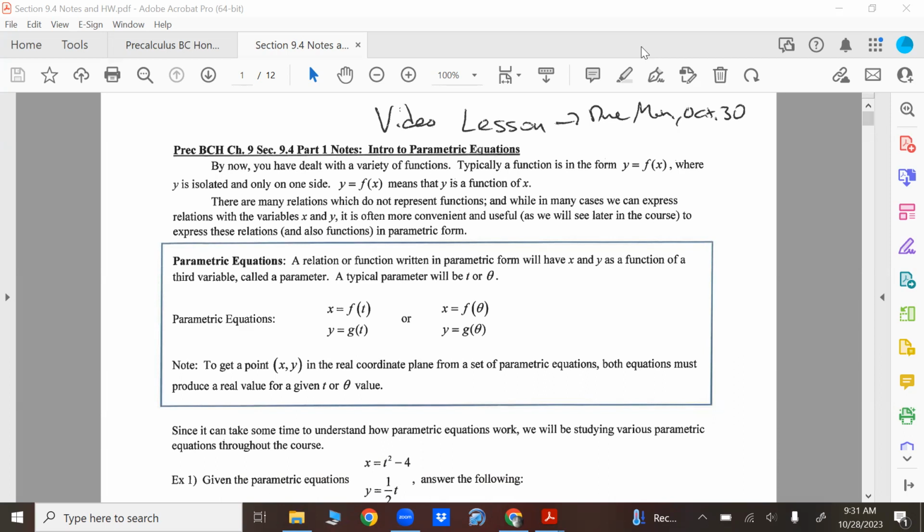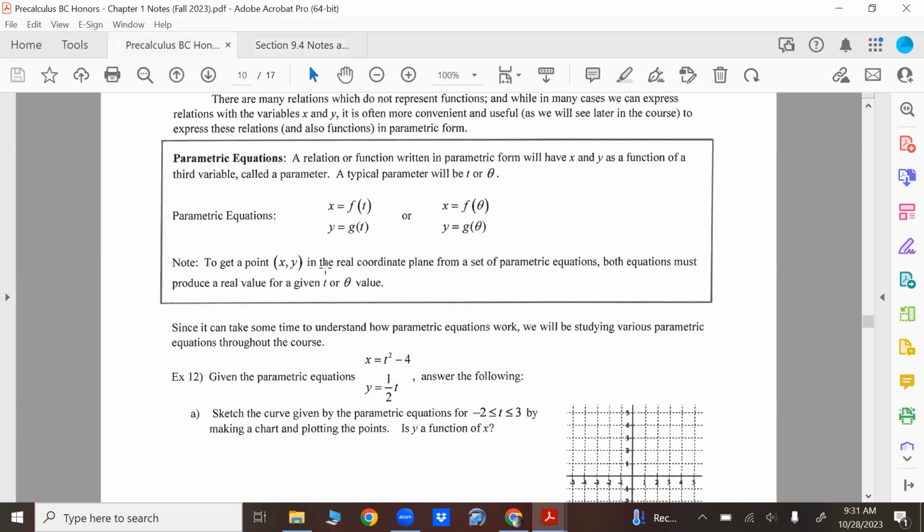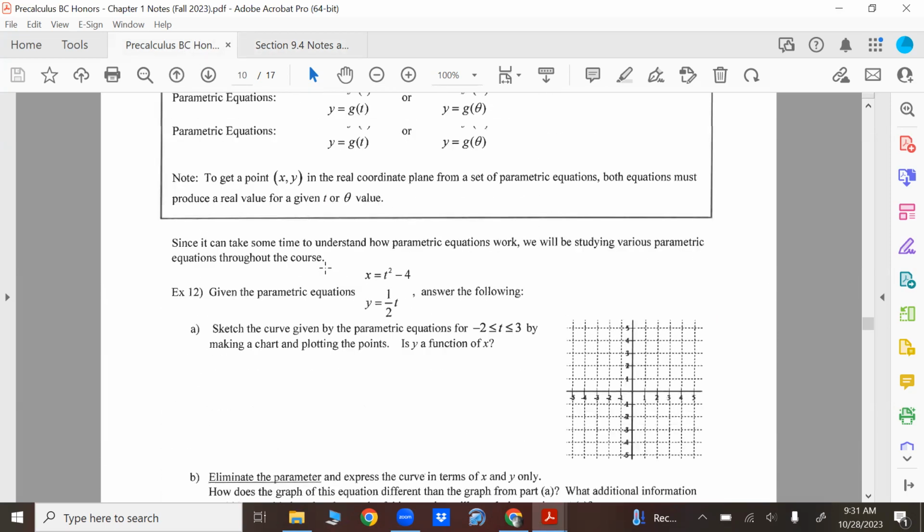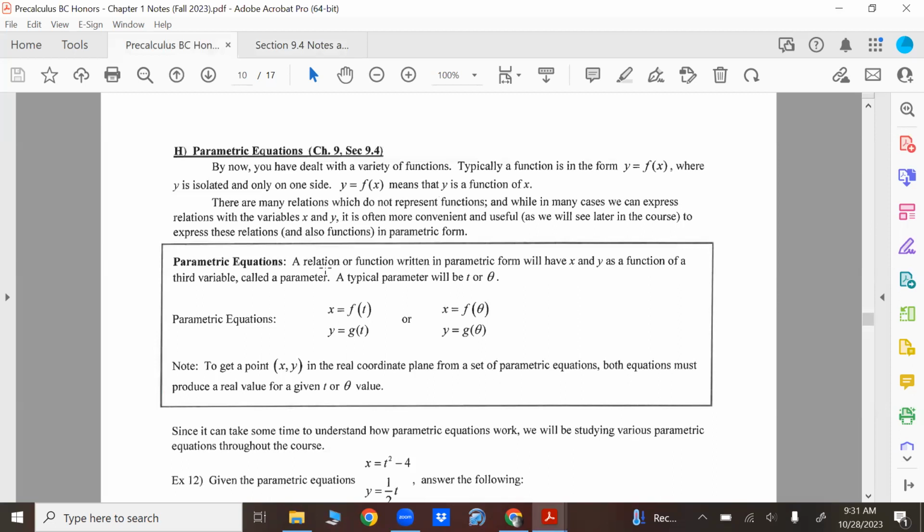So again, this is on Introduction to Parametric Equations. This is actually something we have talked about during the first unit. If you go back to your first notes, I think page 10, we talked about writing equations with x in terms of t and y in terms of t, where t is called the parameter.